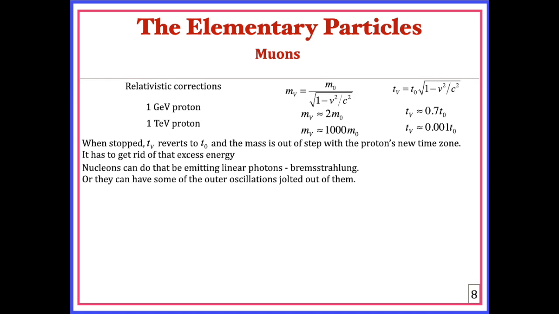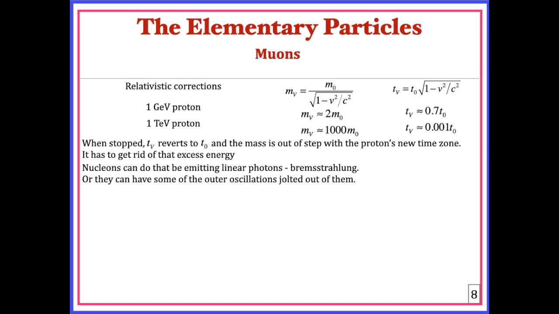When particles are accelerated to high speed, their masses are increased and their time slowed down, both by the relativistic corrections. Although their masses are quite large and their time reference is quite slow, they are stable within their own reference frame. A 1 GeV proton has its mass approximately doubled and its time slowed down.